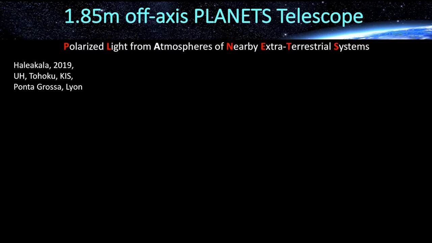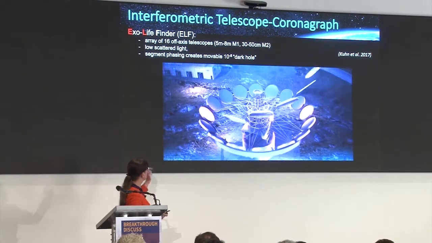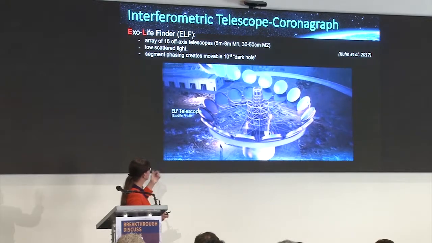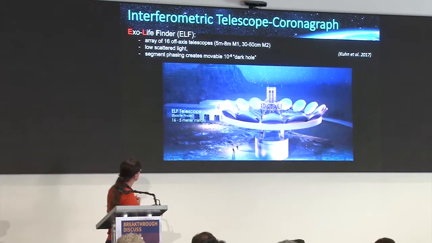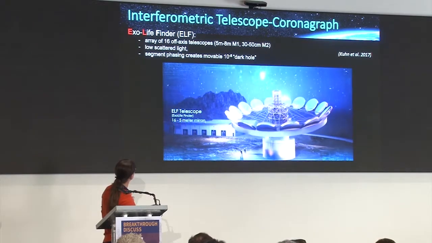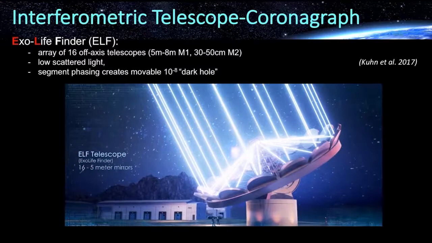So the next in this series: when we combine several off-axis telescopes in one array, in this case as a ring, we call this system the ExoLife Finder, since this system will obtain the required size of about 20 meters that I mentioned in my graph.